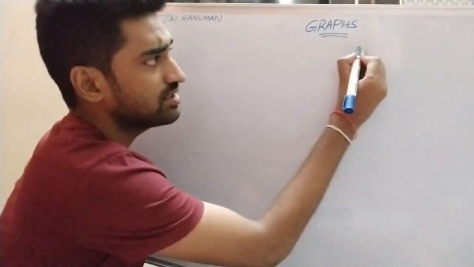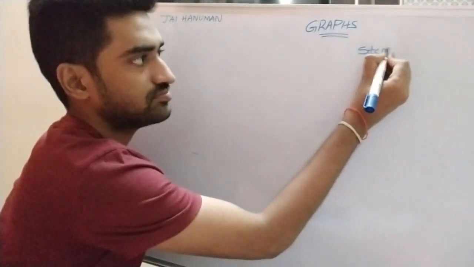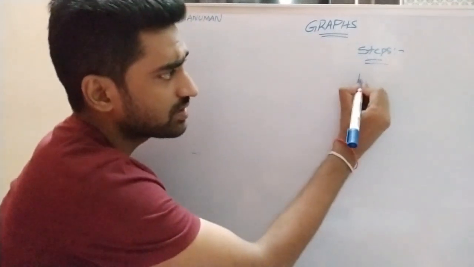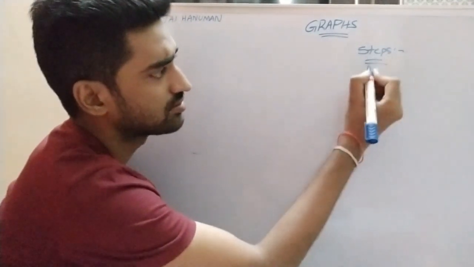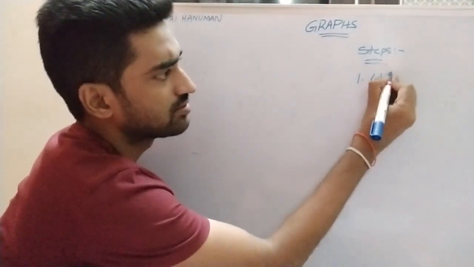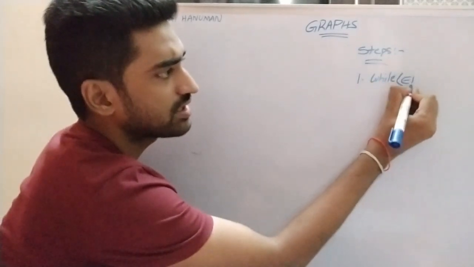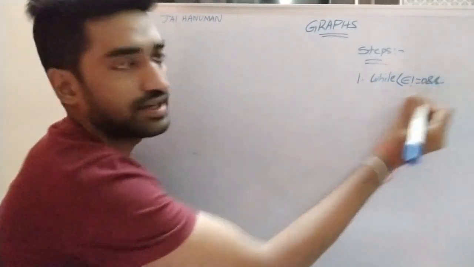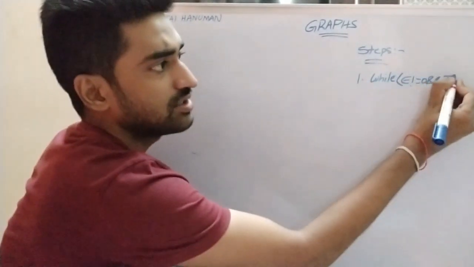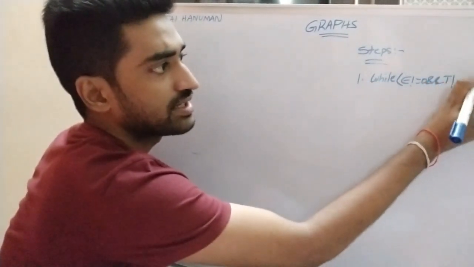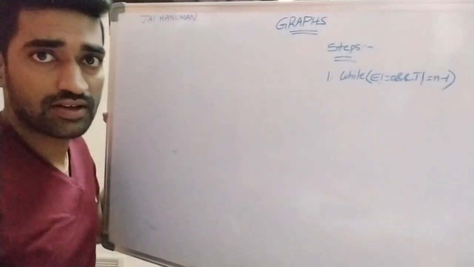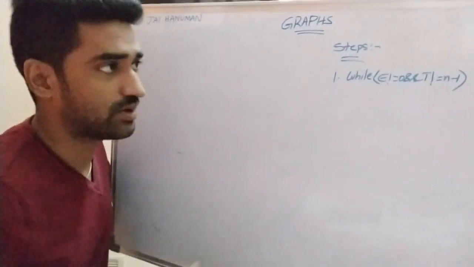So here I am writing the steps. In step 1, first of all, I am checking while E not equal to 0, logical AND, T not equal to n minus 1.